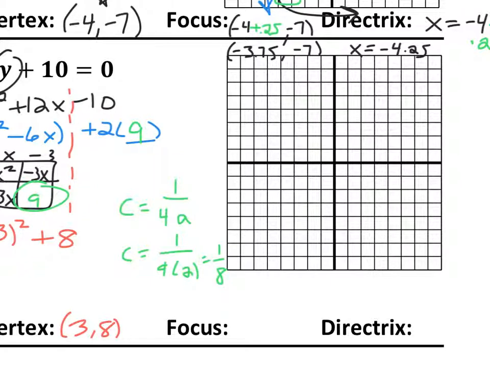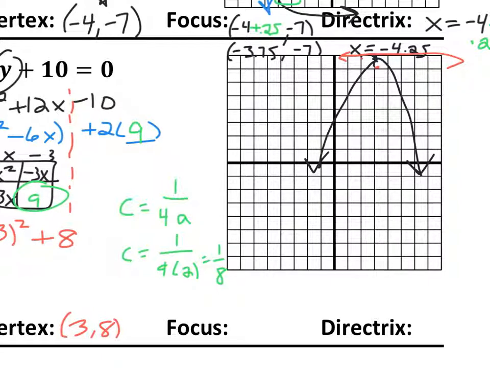So 3 and 8, of course, is at the very top. And we're opening down. So that means my focus is going to be below my vertex, and my directrix is going to be above my vertex.